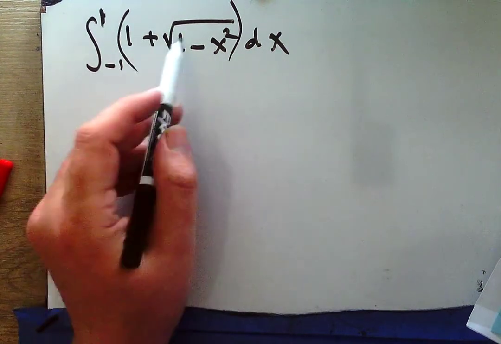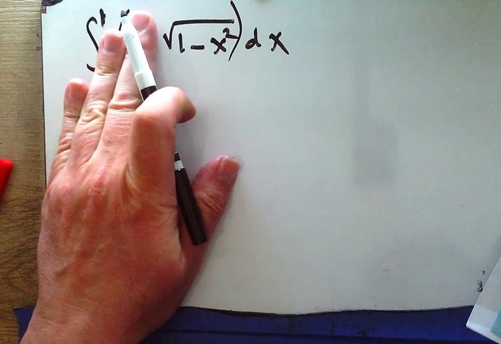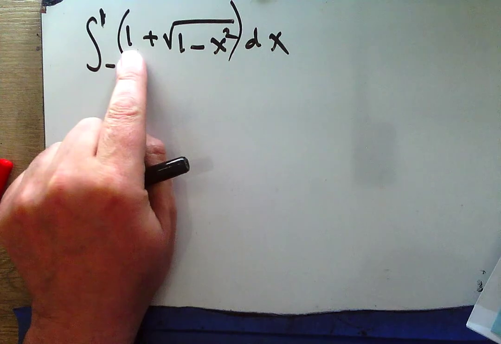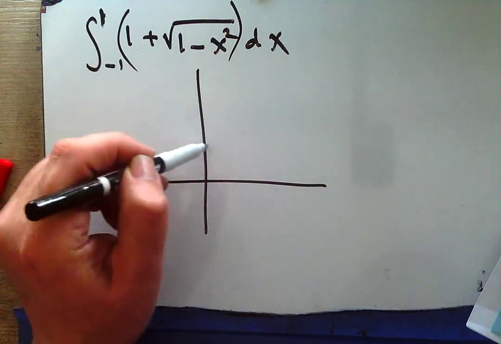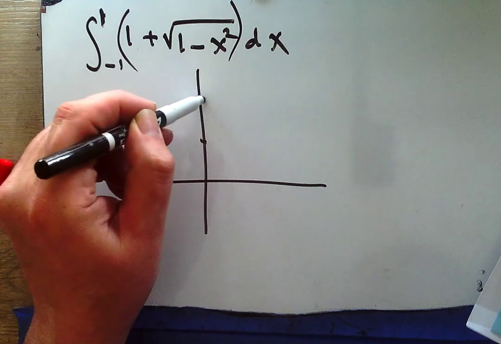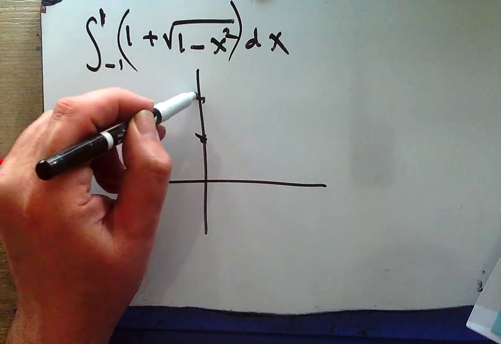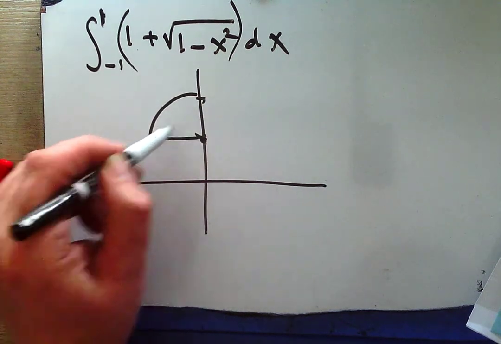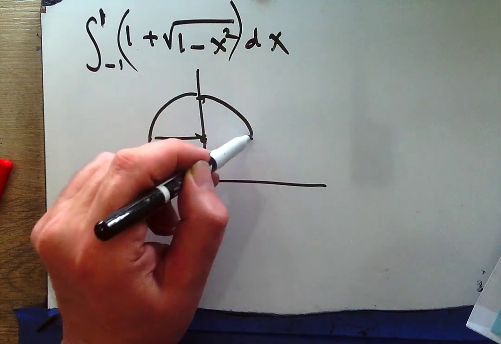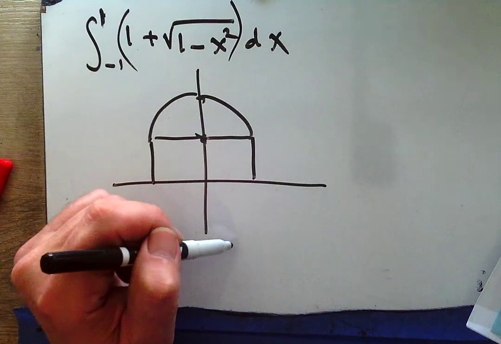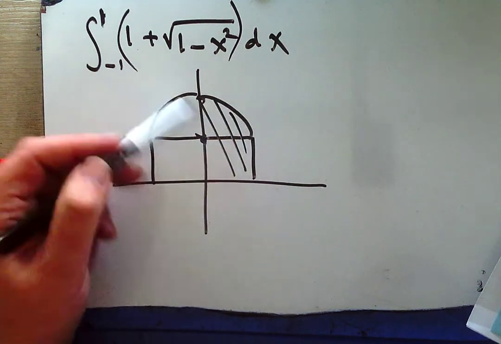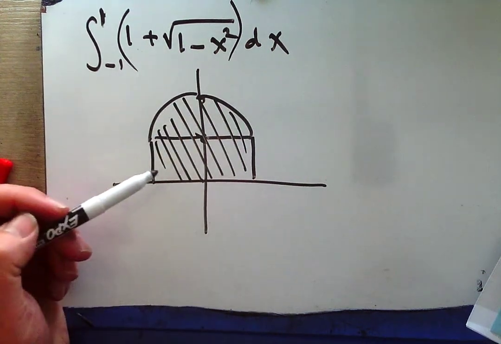So were you able to see this as the semicircle shifted up 1? Okay, so semicircle shifted up 1. There's our semicircle. There's our shifted up 1. So we're looking for this area.